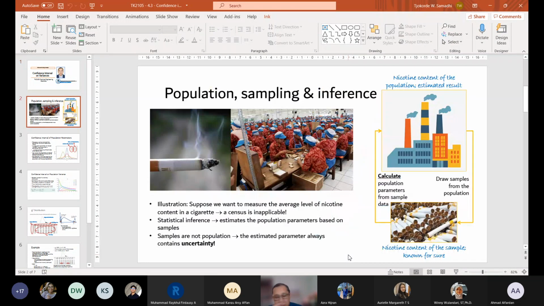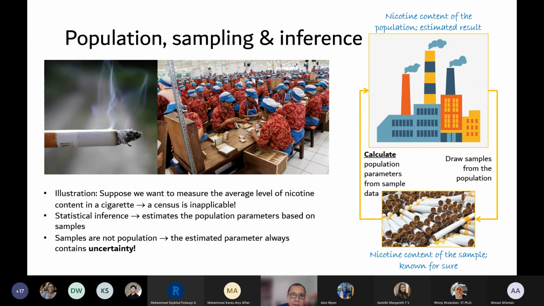Okay, now as I've told you before, we can calculate the confidence interval for any descriptor. So what we did just now is just one of several descriptors that are available. We discussed how to calculate the confidence interval for the population mean.